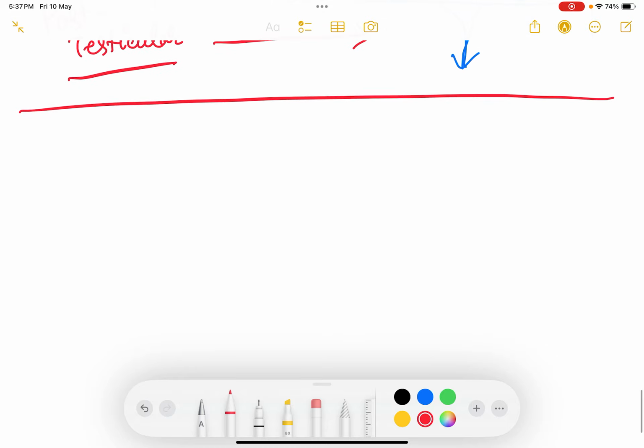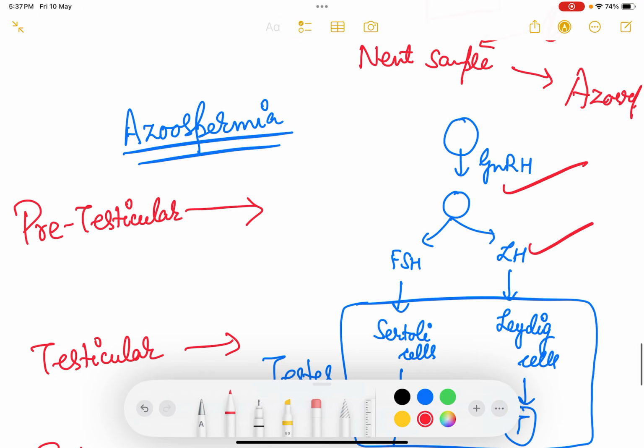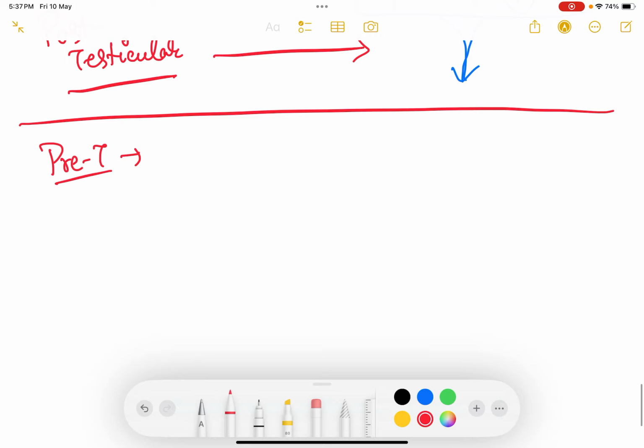So let us consider first the pretesticular form, the pretesticular azoospermia. In the pretesticular form, the defect is usually at the level of your anterior pituitary or the hypothalamus. So basically it will be like hypogonadotrophic hypogonadism. The patient will have FSH and LH low, and at the same time the patient's testosterone will also be low.